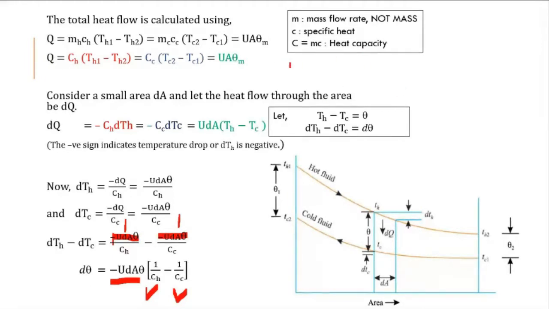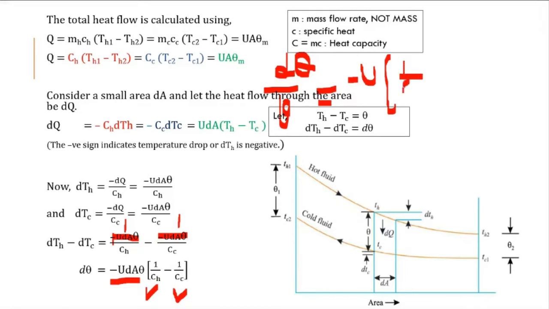If we do that, we will get d theta by theta is equal to minus U multiplied by 1 by CH minus 1 by CC multiplied by dA. Can we write like this? Yes, sir.